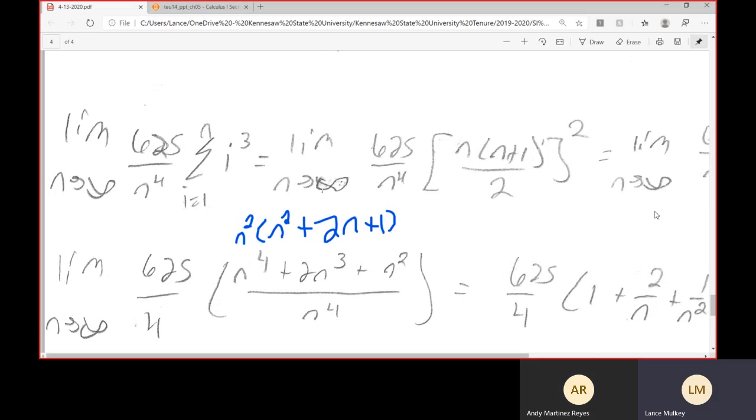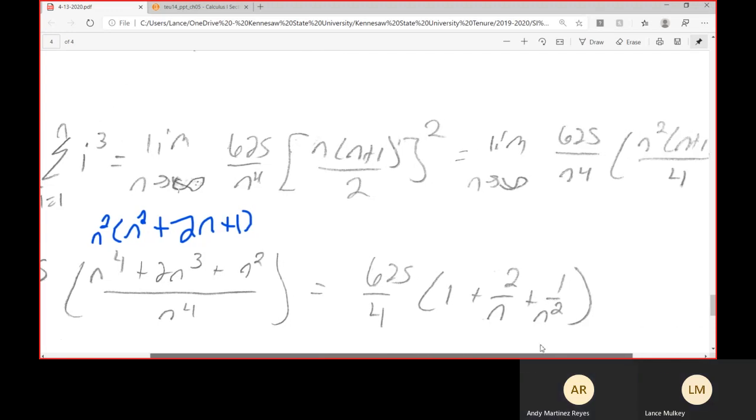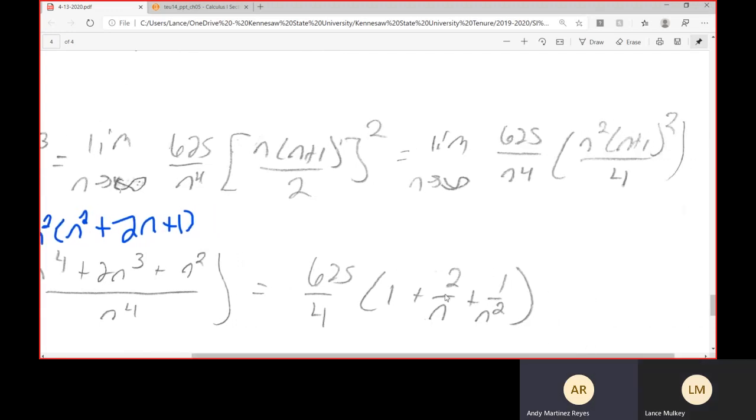What's annoying is having to solve all this when you see the correct answer right here. I know that's 1, and then plus, cancel out, cancel out, cancel out. What about the 5 over n? Where did that go?